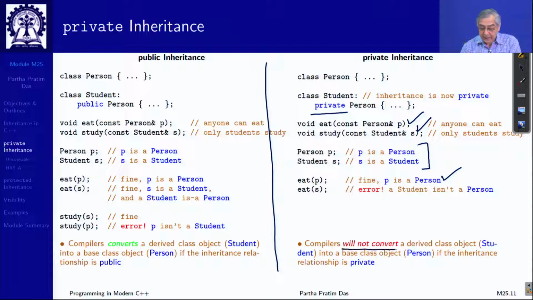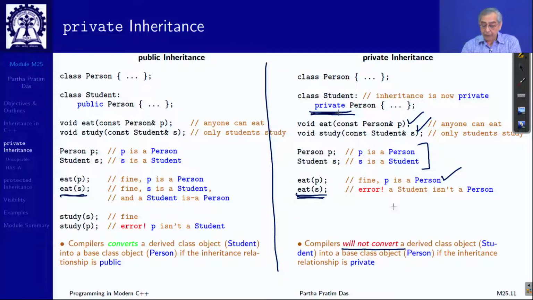But since this inheritance is private, the compiler does not convert a specialized object to a generalized object. So, look at the difference between these two. It was fine on the left because student is a specialization of person. Here it is merely a matter of syntax and certain semantics, but it is not modeling specialization.